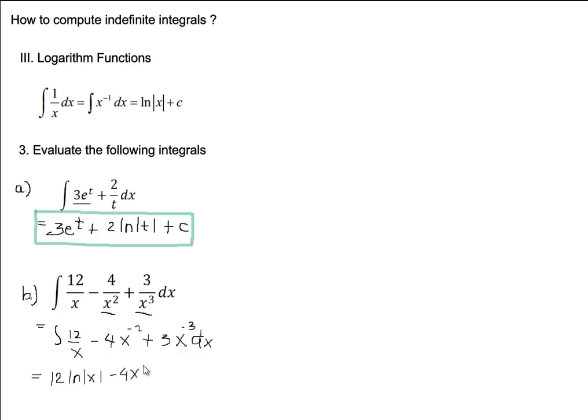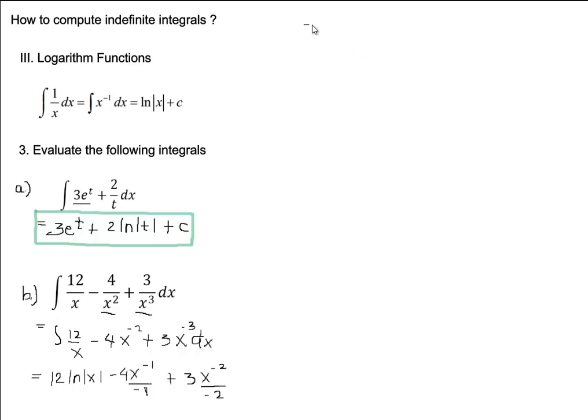Negative 2 plus 1, negative 1 over negative 1. And for the third, we have 3, also adding plus 1 to the exponent. So negative 3 plus 1, negative 2, over the new exponent, negative 2.